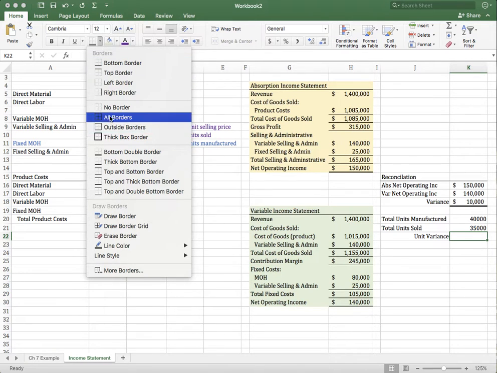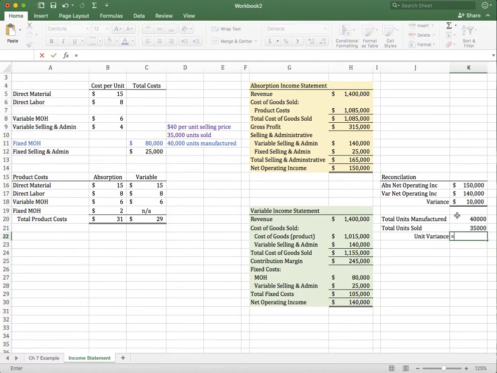The unit variance is units manufactured less units sold. This unit variance is also the same as ending inventory, because if we manufactured 40,000 and only sold 35,000, we would have 5,000 left.